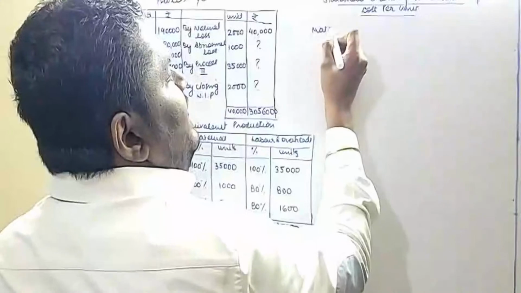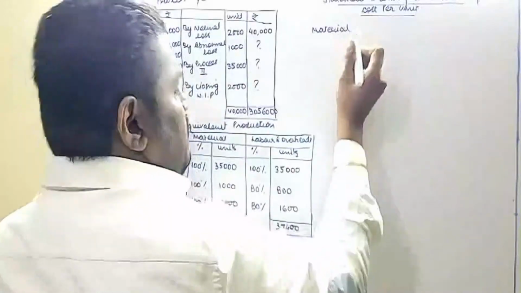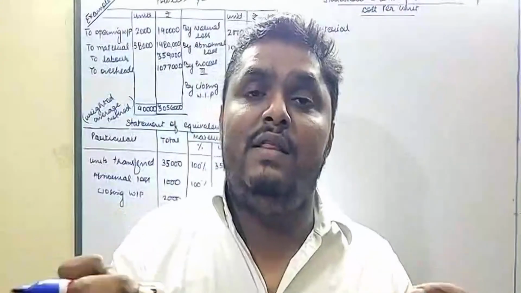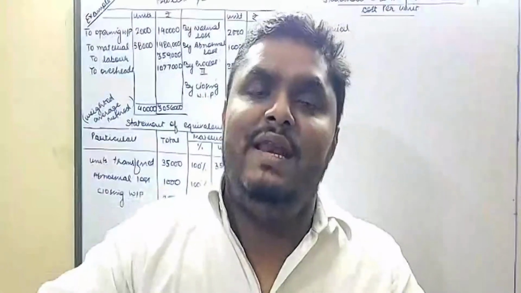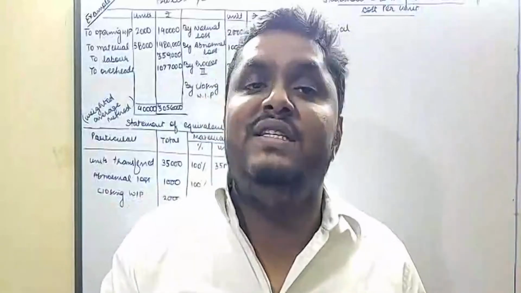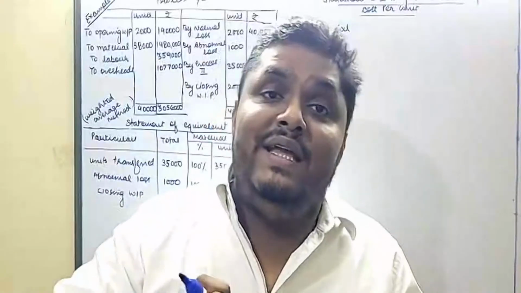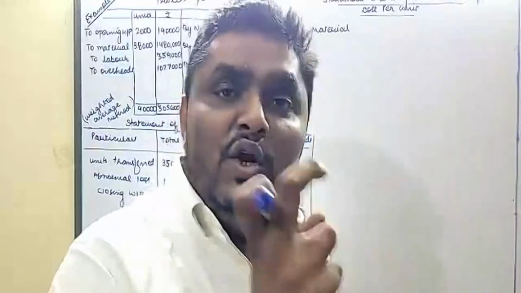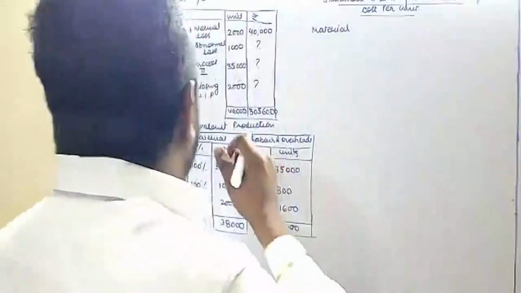The first is material. Now, guys, I repeat again, since we consider the units that are processed in this year plus the units that are processed in the previous year, we will take the cost of this year as well as the cost incurred in the previous year to calculate the cost per unit.